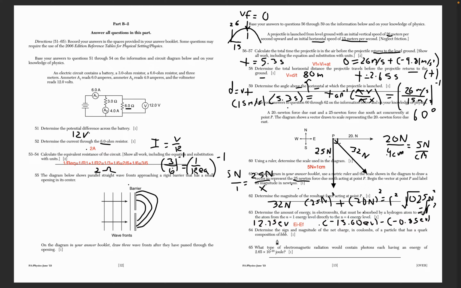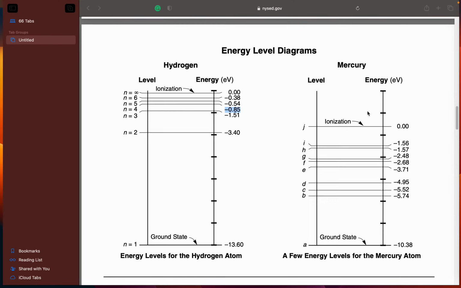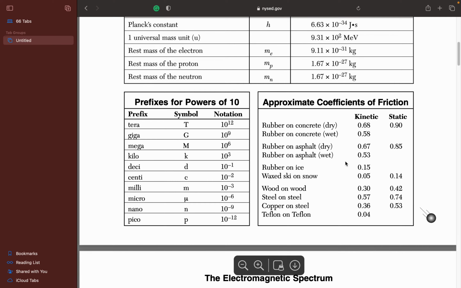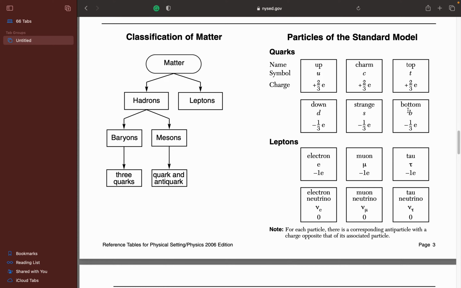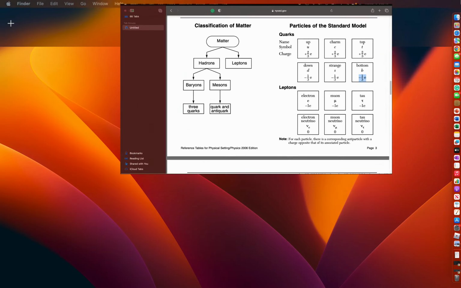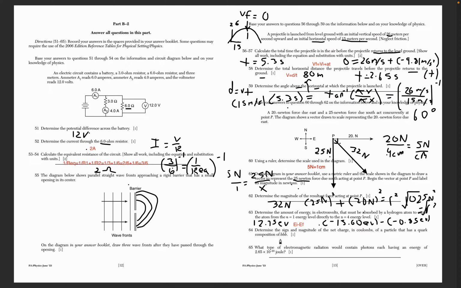Determine the sign and magnitude of the net charge in coulombs of a particle that has a core composition of bottom. So where is that on the reference table? Right here. Bottom is negative 1/3. If we have 3 bottoms, negative 1/3, negative 1/3, negative 1/3, that's the same thing as negative 1.